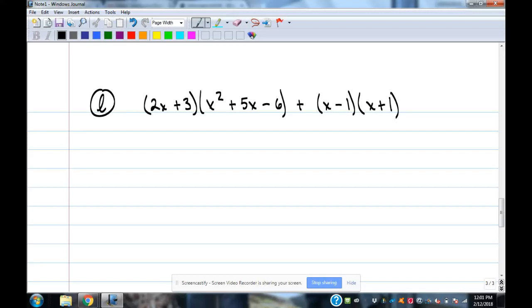I think this one will highlight what Miss Sandy was kind of saying there that could help. So what do we do first? Distribute left to right. So what are we distributing first?